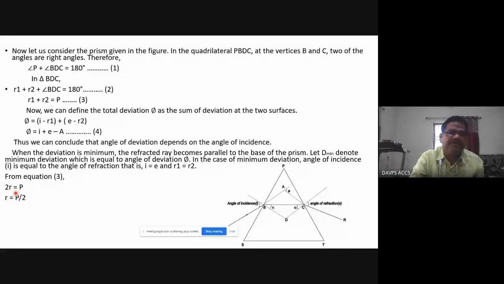Similarly from equation 4, D minimum, angle of deviation, because I equal to E, in place of E you have written I, that is 2I minus P, or I equal to P plus Dm by 2. You are getting I equal to P plus Dm by 2.